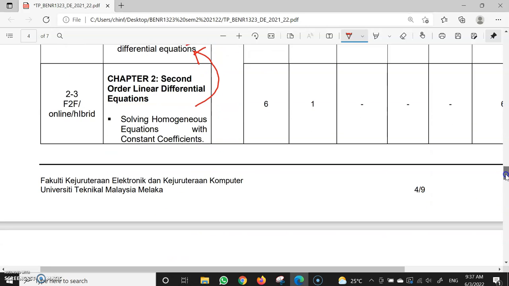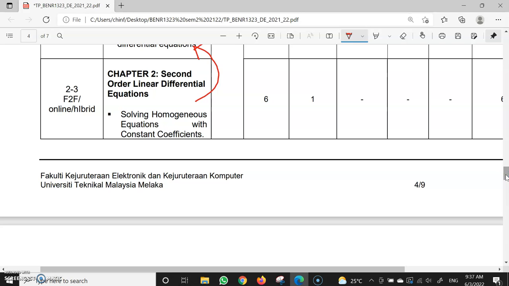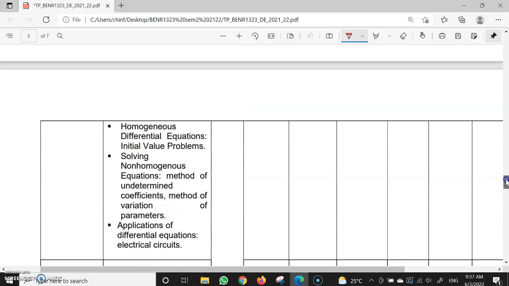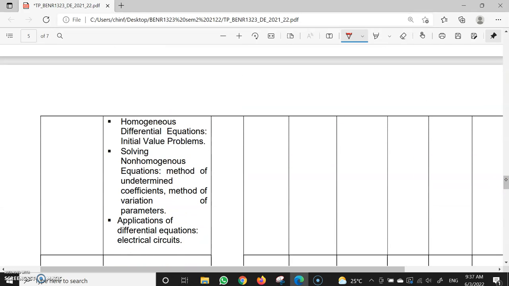Week 2 and week 3 deal with the second order linear differential equation. We're going to solve the homogeneous equation, which has three types, and then the non-homogeneous equation. We have two solution techniques: undetermined coefficients and method of variation of parameters.